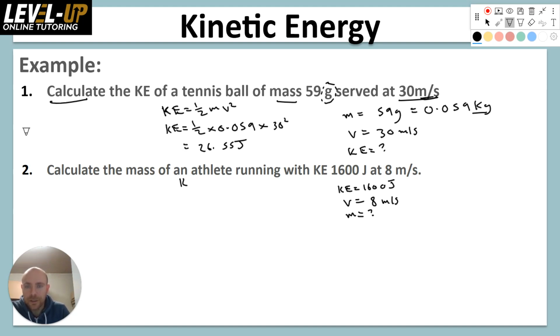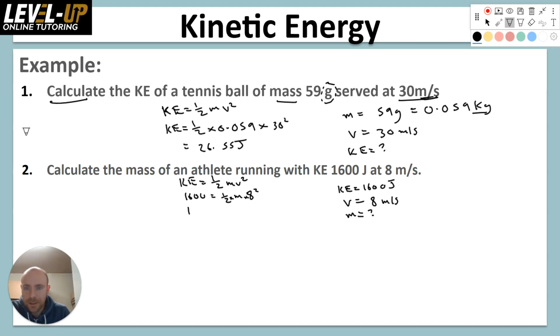Again, kinetic energy is half mv squared. Let's substitute. Rather than rearranging, let's substitute. Unless you're really confident with rearranging, just substitute those things in. So we've got 1,600 equals half times m times 8 squared.